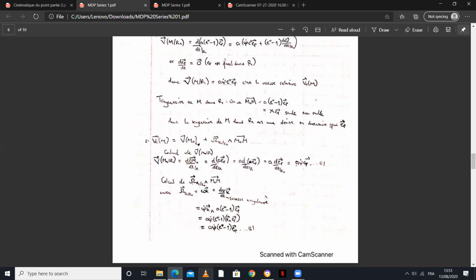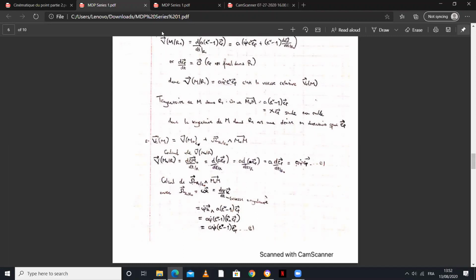You try to imagine the rotation. Sometimes they rotate around X, sometimes around Y. You have to try and identify it so you know in which direction your rotation is going to be. So because in our question they're rotating around K, we have omega K.